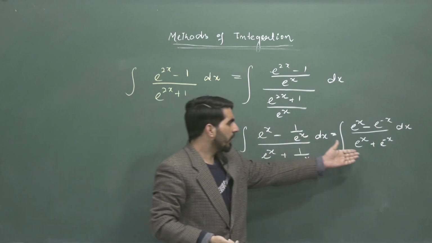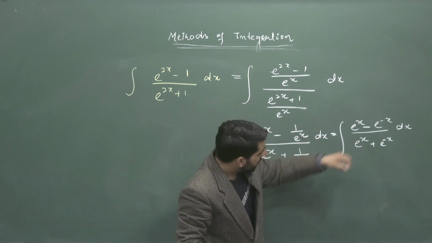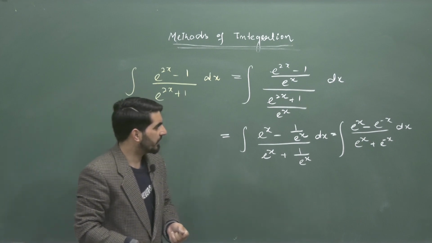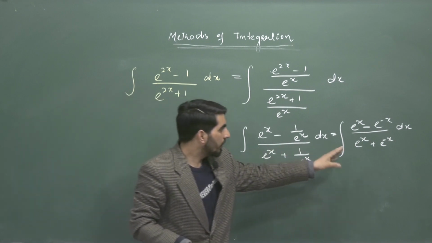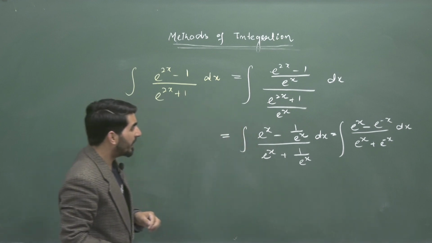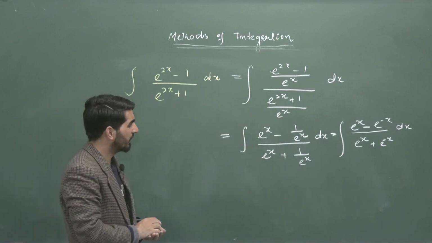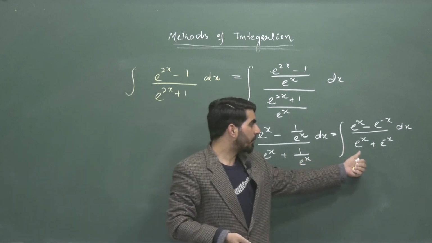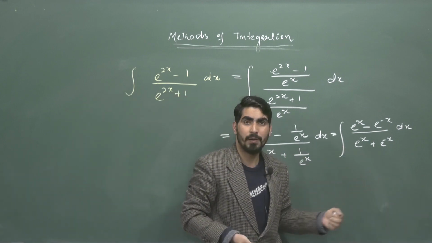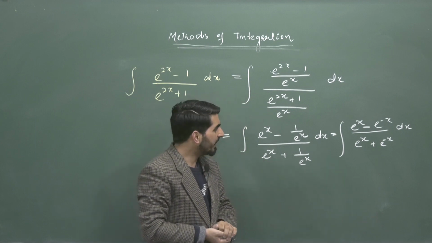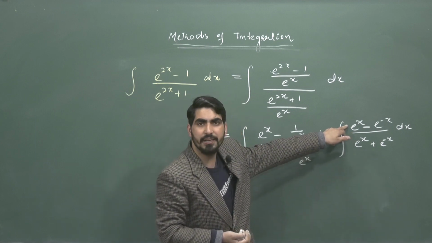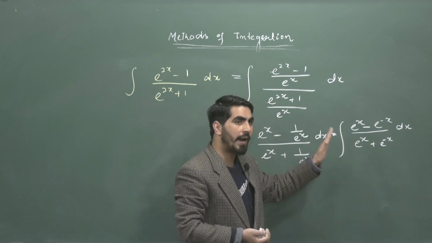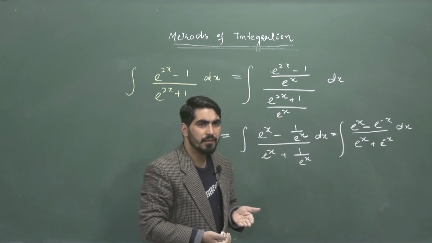Now it is simple to substitute here, or in other words we can say it is simple here to choose the best option to substitute. Now if we substitute the denominator, that is e^x + e^{-x}, as we know the differentiation of e^x is e^x, and the differentiation of e^{-x} is minus e^{-x}.